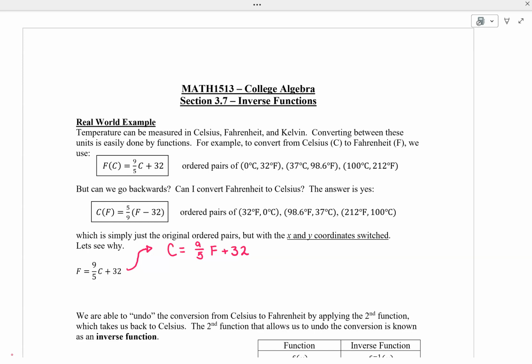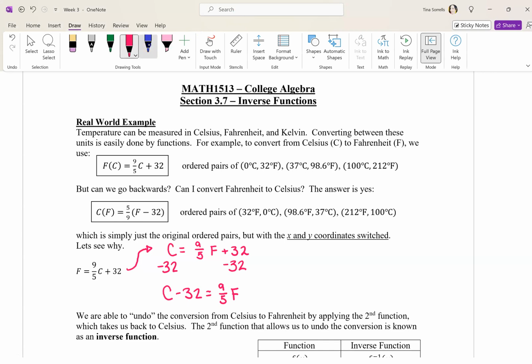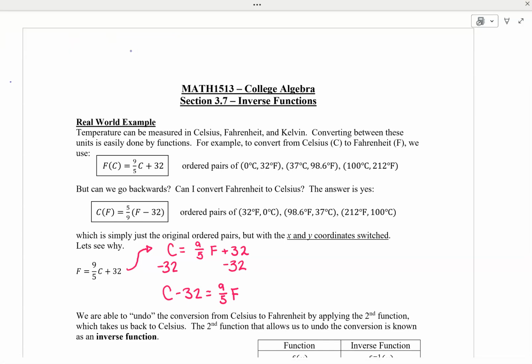So the first thing I'm going to want to do is subtract that 32 from both sides. And of course, we can't actually subtract that, so I'm going to write it like that. Okay. Then we need to get rid of the 9/5. A lot of students want to tell me, hey, we divide by it. Okay, you're not wrong, but you got to remember that when we divide by fractions, we have to flip it.